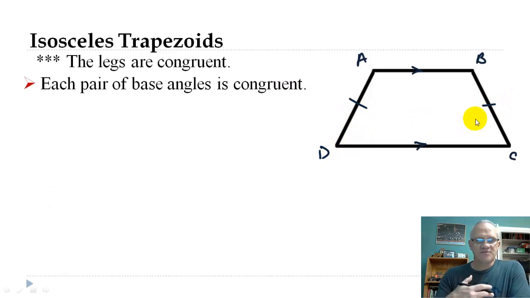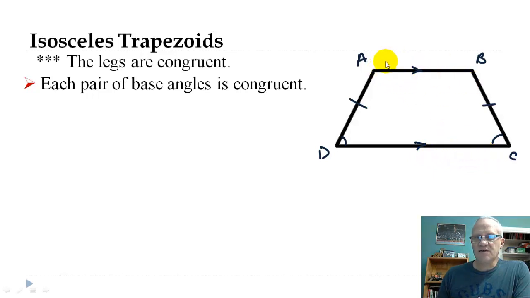And so here's where the base angles come into play when we're talking about isosceles trapezoids. If we have these two pairs of base angles, in this case, C and D, I think I labeled these a little differently than before, but C and D, that pair of base angles in an isosceles trapezoid are congruent.